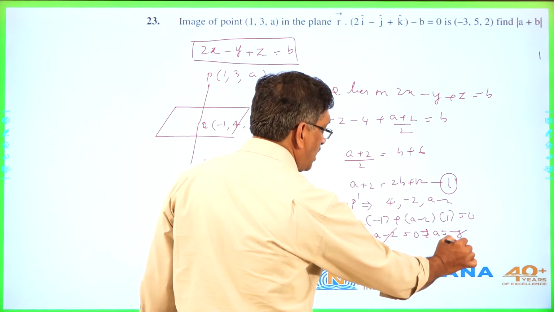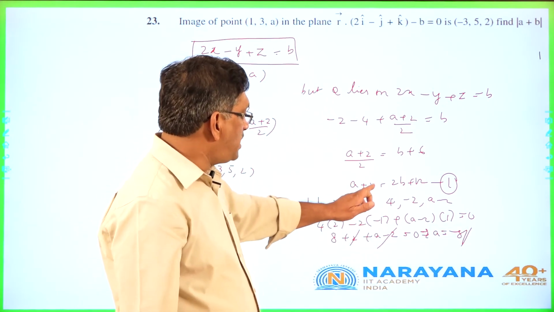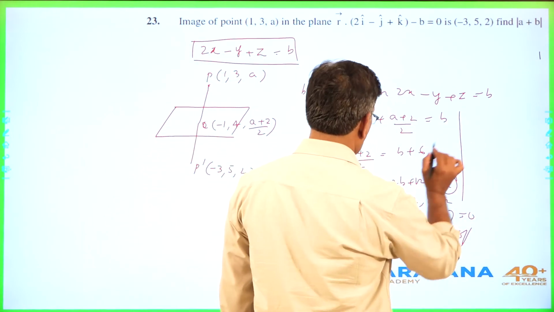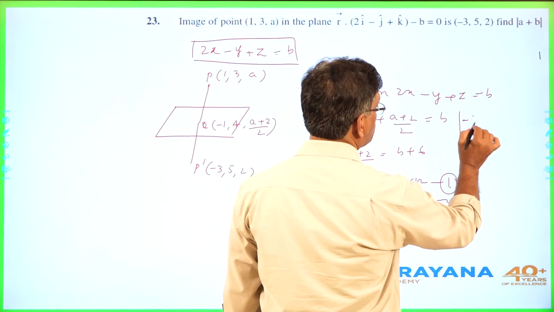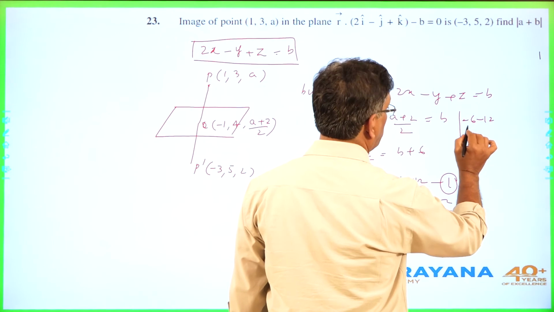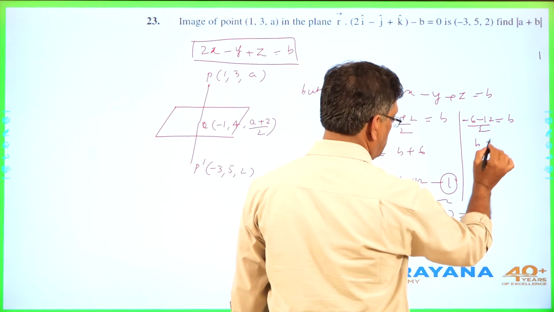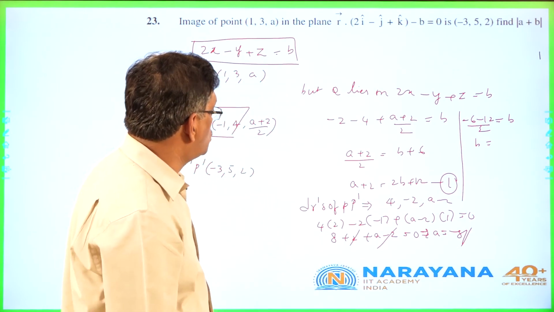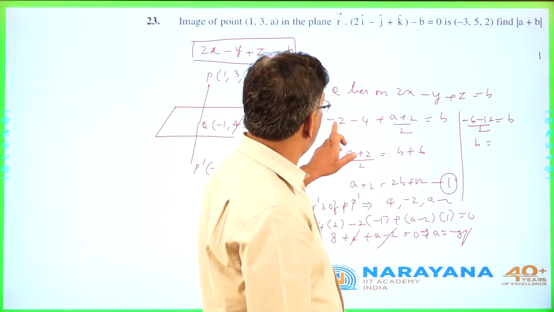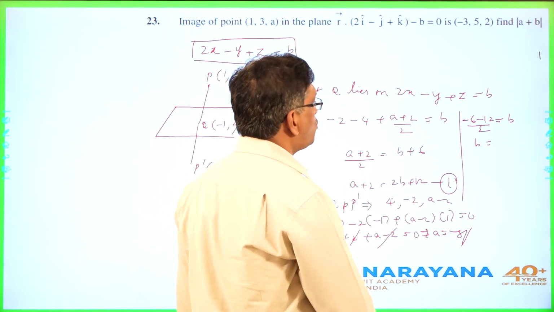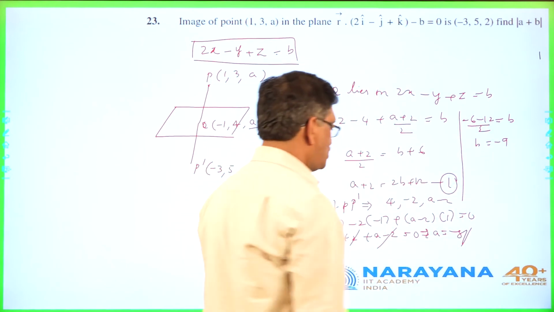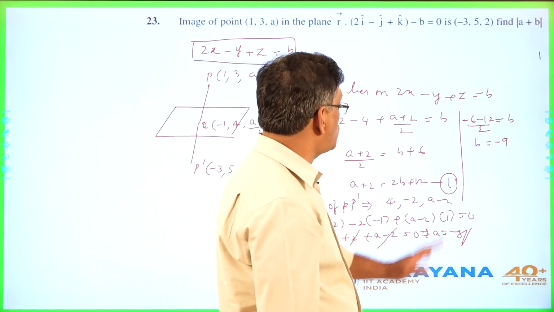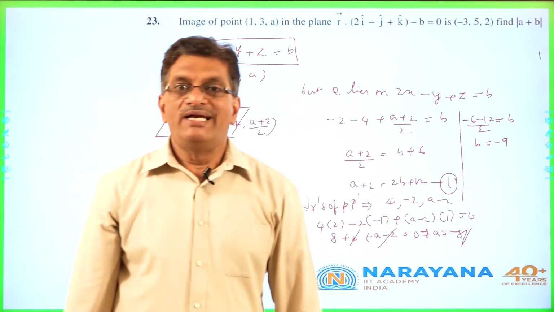That is a equals minus 8. Substitute minus 8 from here. A minus 8 means minus 6 minus 12 by 2 equal to b. This is 2b plus 12, this is minus 6, b plus 6, b is equal to minus 18 minus 9. So a equals this one, substitute it, okay, that is this value.